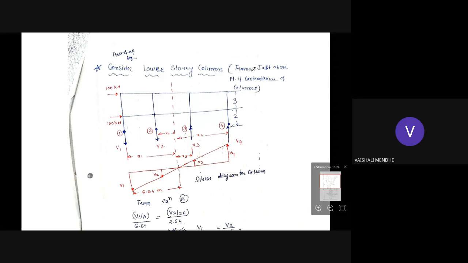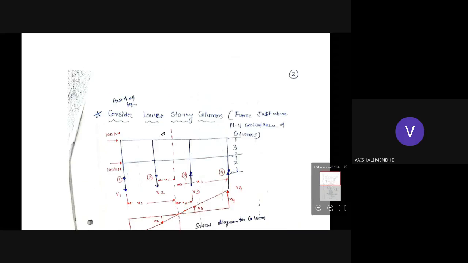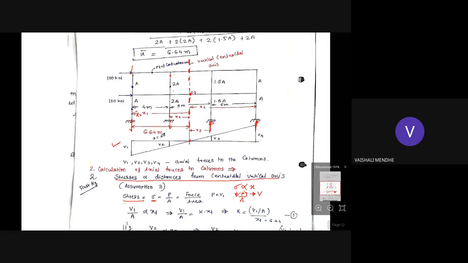Here you have to show the frame just above the point of contraflexure of columns, as per assumptions 1 and 2. First of all, you have to locate the point of contraflexure at the center of each beam and the center of each column. You can see here the point of contraflexure is located at the center of the beam and the center of the column.